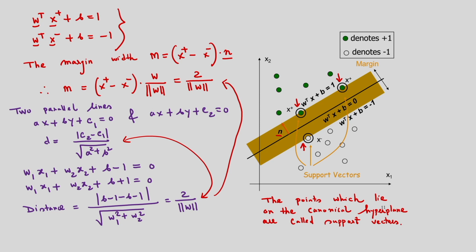Now the condition of this linear classifier: I have to maximize the width of the margin, because a linear discriminant function or a linear classifier with the maximum margin is the best. So that is why I have to maximize the quantity 2 divided by w norm, that is the margin width. So what is the formulation for this?